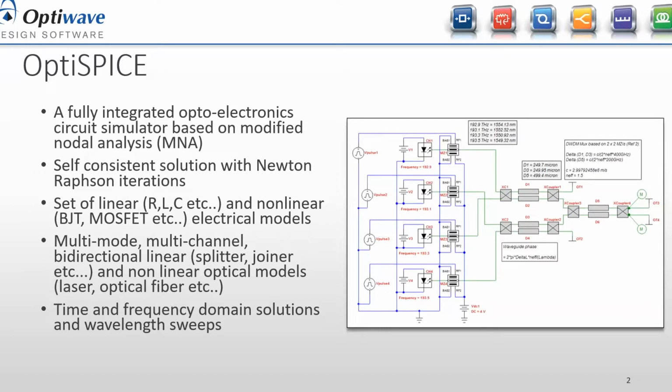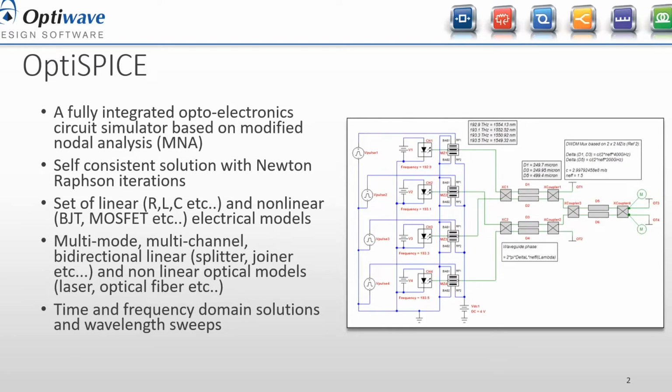So it has a set of linear and nonlinear electrical devices like RLC circuits, voltage sources, inductors and capacitors, and also nonlinear devices like BJT, MOSFET. So at the end, like I said, it's designed for doing transient and frequency domain simulation of electrical integrated circuits.